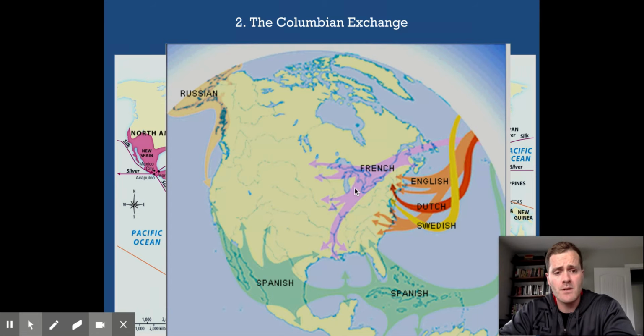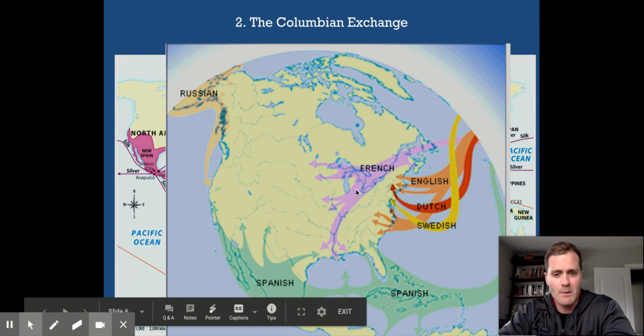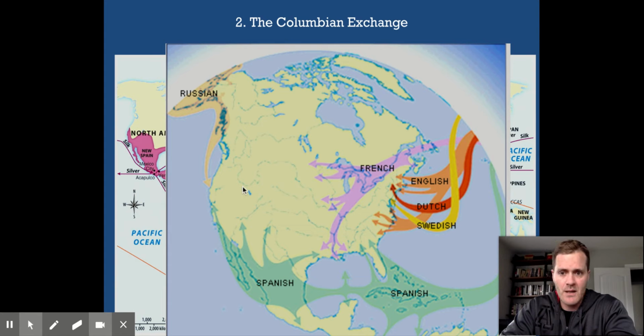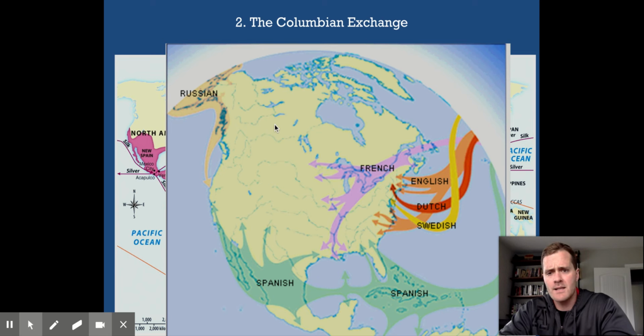The Great Lakes region is heavily influenced by French exploration and trade, as well as the entire Mississippi River Valley right there through the middle of the United States. Is going to be influenced heavily by French exchange. We're going to see the Dutch being heavily involved in what we now know as New York. And then even the Russians get in the game a little bit here on the western coast of what we now know as Alaska, Canada, and the northwestern United States.